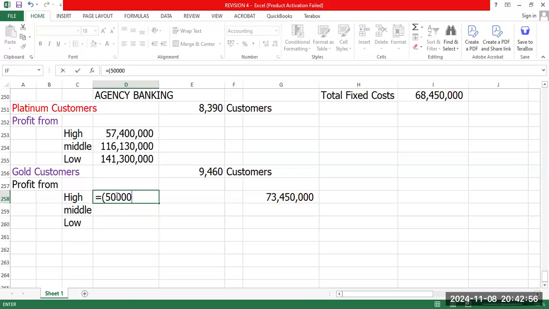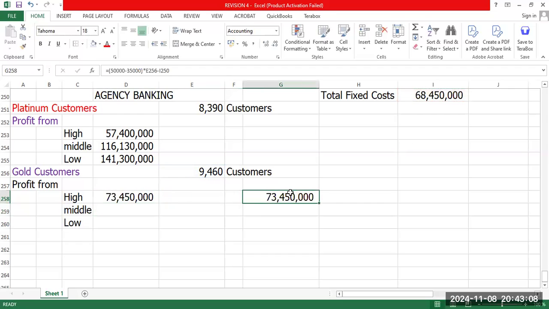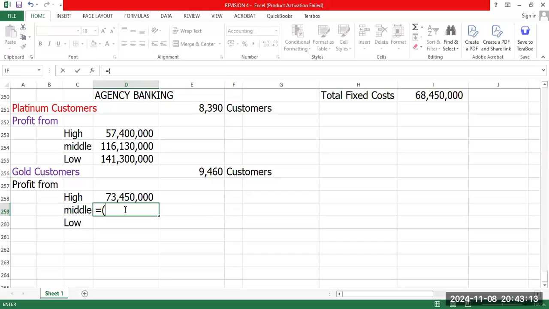50 minus 35, times this minus this. Then here 50 minus 28, times this minus this.